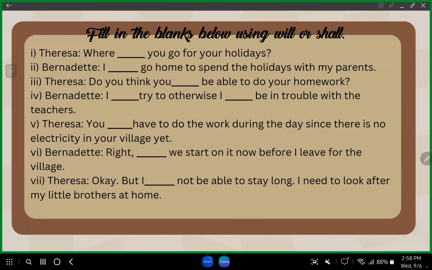Thank you. So now that you have filled in all the blanks with will or shall, can I have 2 volunteers? Feel free. I want you to compose a dialogue for us, to read the poem for us. One should be Teresa, one should be Bernadette. Doesn't matter whether you're boys, you can even change the names.